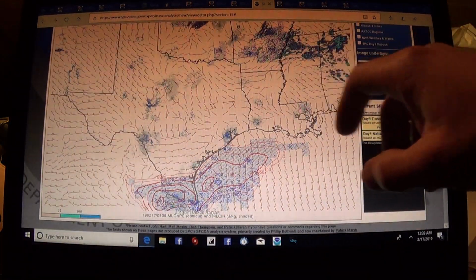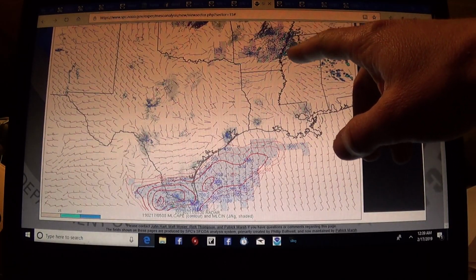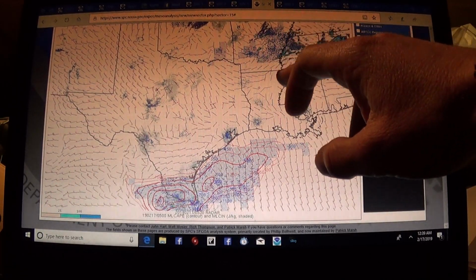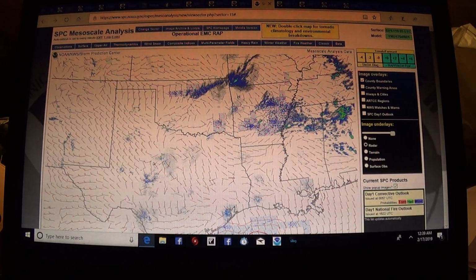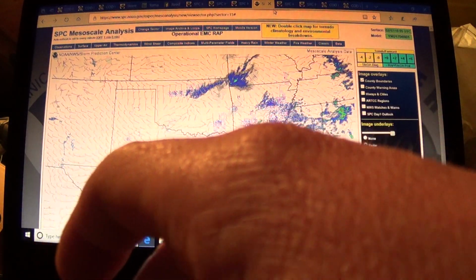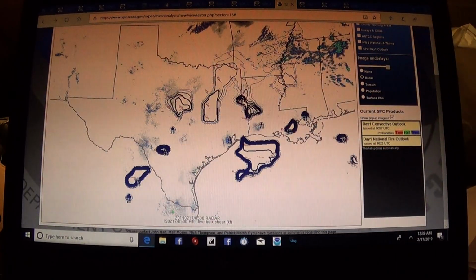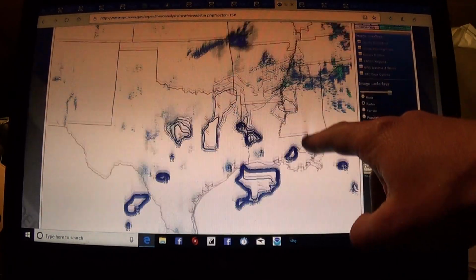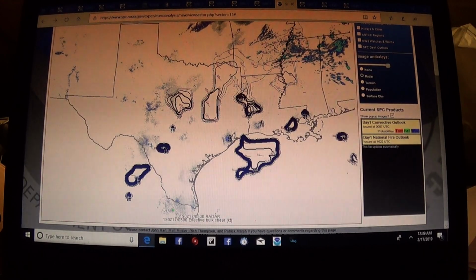Then you can look at CAPE, ML mixed level. CAPE is convective available potential energy, and normally they say look for 1,000 or more for severe weather. And let's see, there's bulk shear, and numbers you're looking for, minimally usually.